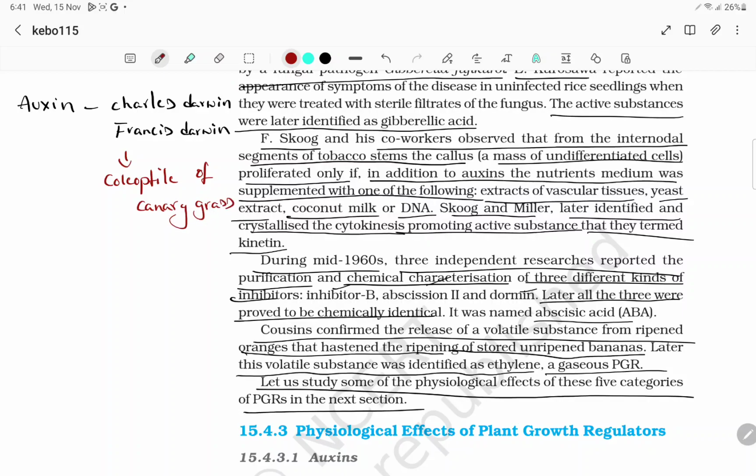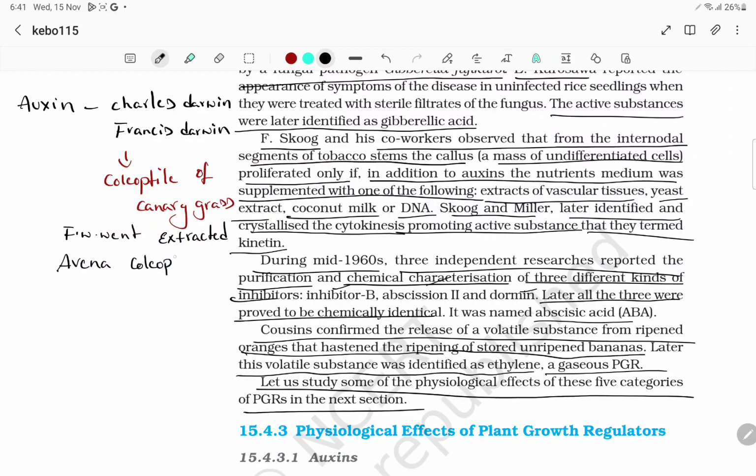And next, F.W. Went extracted these substances from Avena coleoptile.